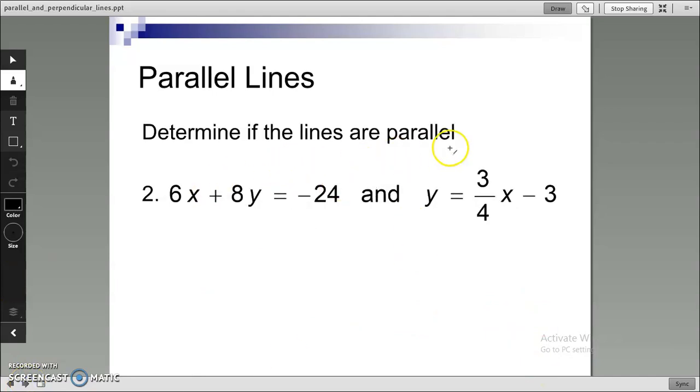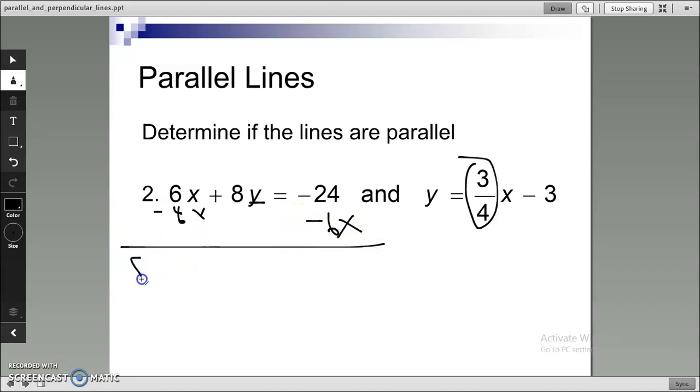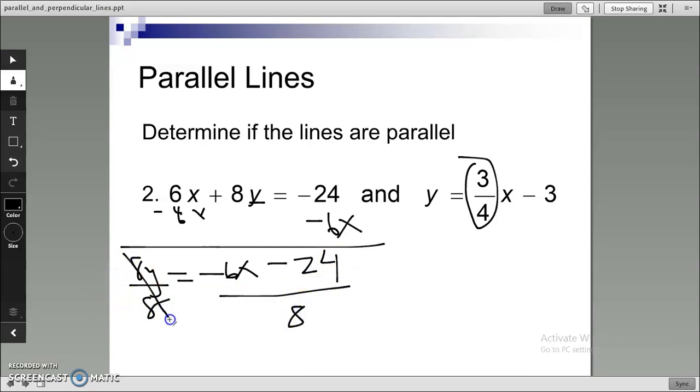All right, determine if the lines are parallel. Again, I know my slope here is 3/4. Let's find the slope here. I'm going to solve for y, so I'm going to subtract 6x from both sides. All right, still got to get my y by itself, so I'm going to divide everything by 8, both sides by 8.